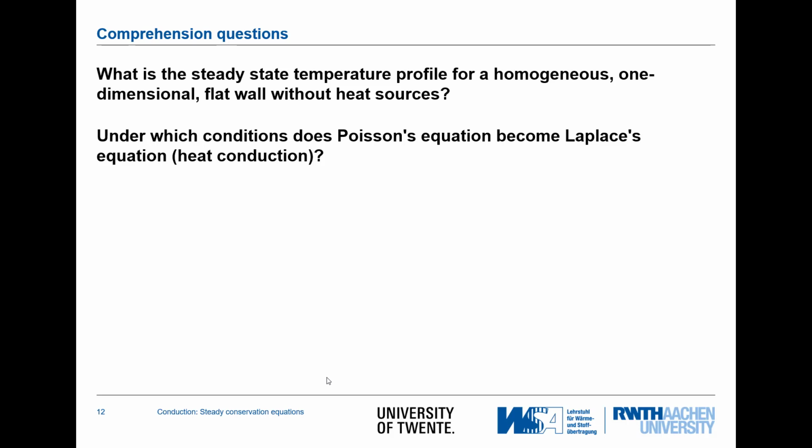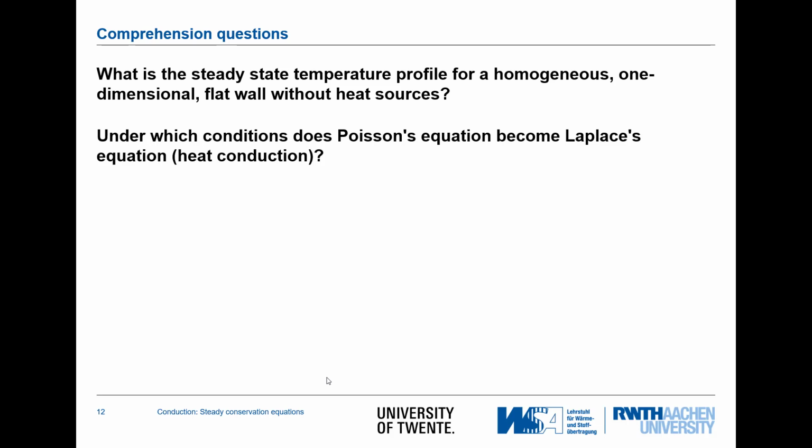Now let's finalize the video with some comprehension questions. First, what is the steady state temperature profile for a homogeneous one-dimensional flat wall without heat sources? We have done this derivation in the first place.